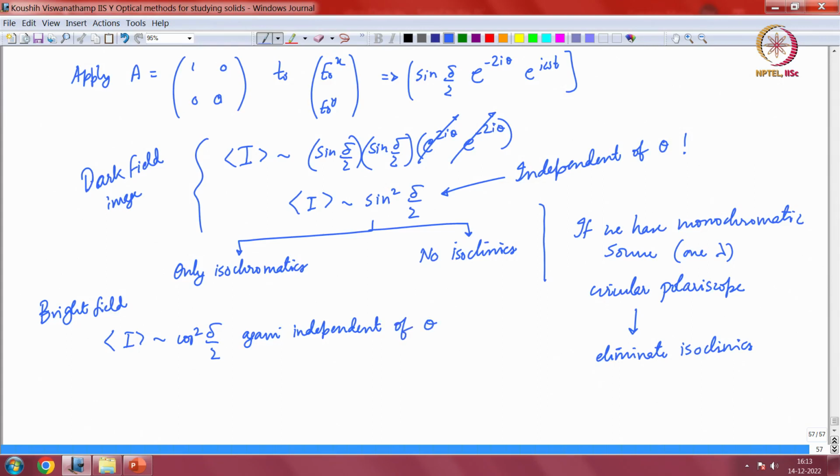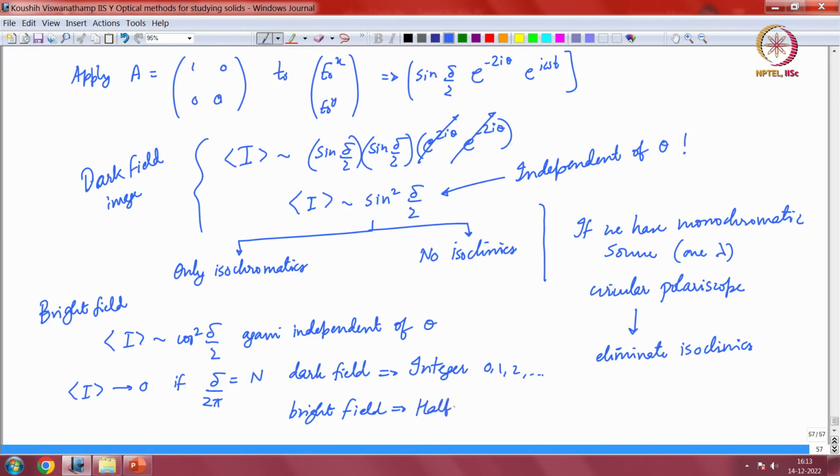Not only that, you also will notice that the intensity goes to 0 if delta by 2 pi is an integer for the dark field, so 0, 1, 2 etc., and the intensity goes to 0 for the bright field when delta by 2 pi is a half integer, exactly like it was in the plane polariscope case.